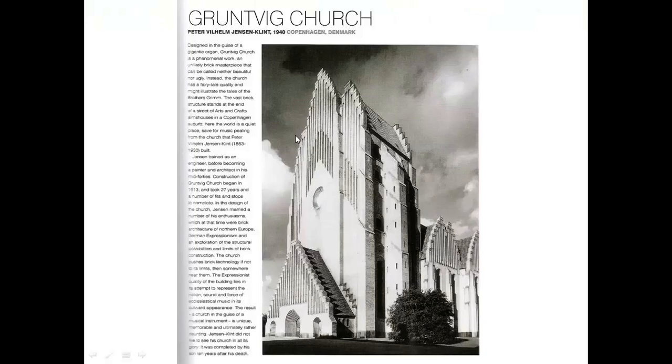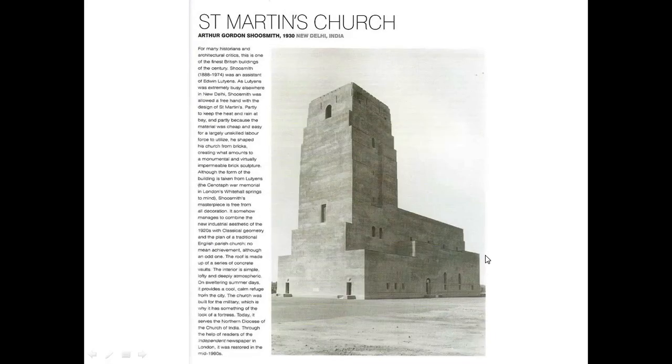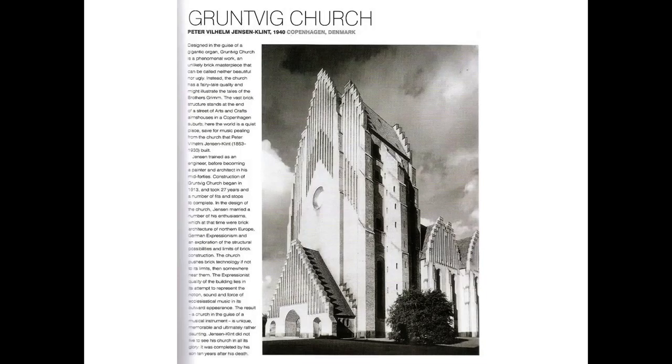Let's have a look at a few astonishing brick buildings, again just to emphasize the fact that although you think of it as a very common and simple material, it can also be very beautiful and very dramatic when used well by architects who know what they're doing. These are very, what should we say, monumental, monolithic buildings, aren't they?